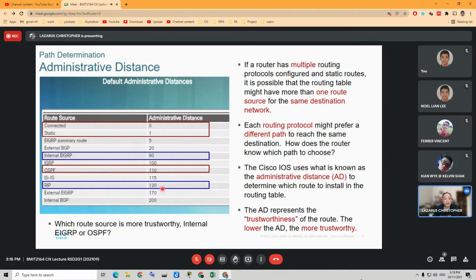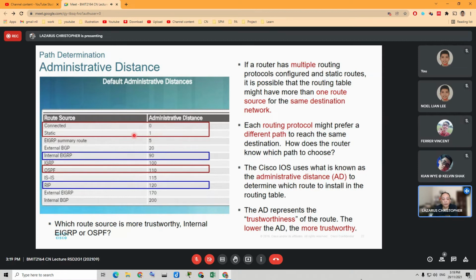So RIP has the highest AD, which means between RIP and OSPF, you will trust OSPF more, so you will tend to use OSPF. Between OSPF and EIGRP summary route, you can see that we trust EIGRP more, so we will select EIGRP. But they all lose to connected or static.